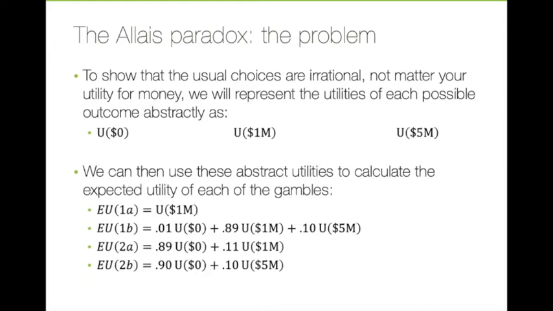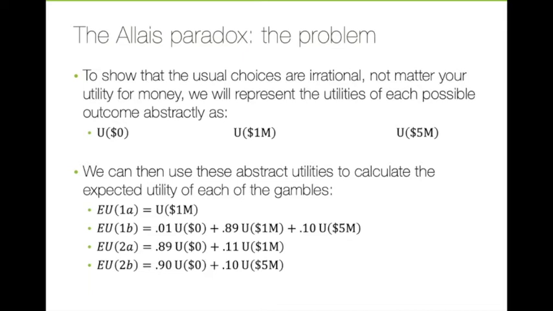that they don't depend on your utility for money, first we're going to start by representing the utilities of each outcome abstractly. So this abstract representation tells us whatever your utility for $0 is, whatever your utility for $1 million is, whatever your utility for $5 million is, it will turn out that making this pair of choices is irrational, according to the maximization of expected utility.